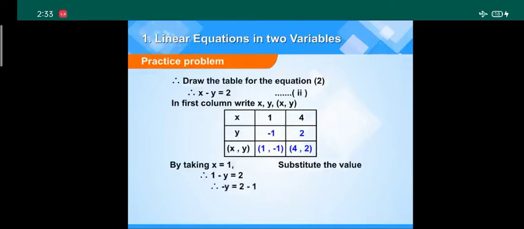Therefore, minus y is equal to 2 minus 1, which gives minus y is equal to 1, that is, y is equal to minus 1. Therefore, coordinates of x and y are 1 and minus 1.